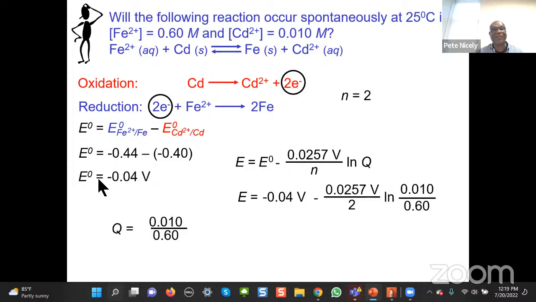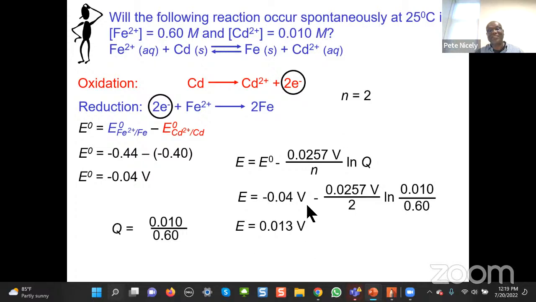For the standard EMF, which is minus 0.04, that goes where this is. So therefore, we plug the numbers into this equation and do our number crunching on our calculator, and we find that the EMF of the cell would be equal to 0.013 volts, all right? So the question is asking, will the following reaction occur spontaneously?